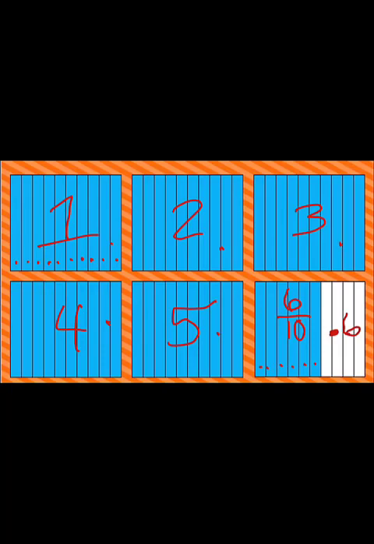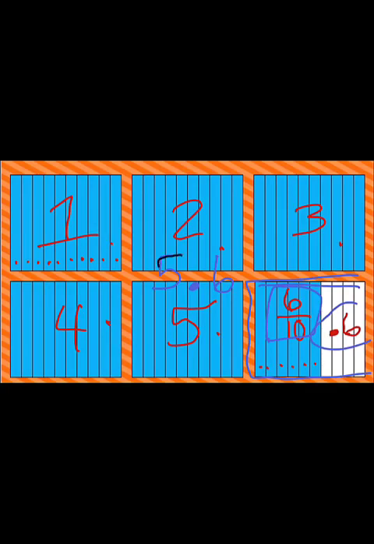So if we were to use these models to write out this number in standard form, we would have 5 and 6/10, because this flat is not part of the whole. It doesn't have all 10. It only has 6 out of 10, which would be written as 6/10.